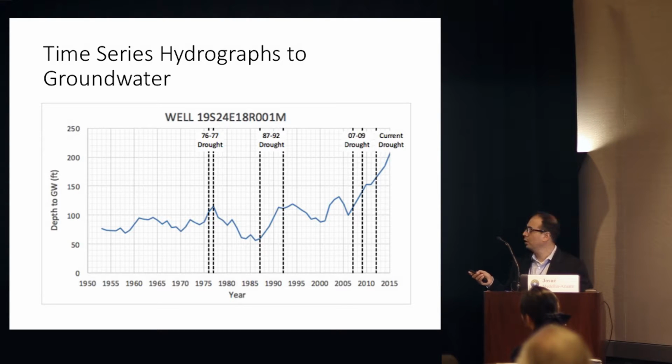We're still working on some of the logs and things. 10 to 20% of agricultural wells could have been lost during these droughts, and about 20 to 30% of the domestic wells, which are much less deep and therefore more susceptible to go dry.